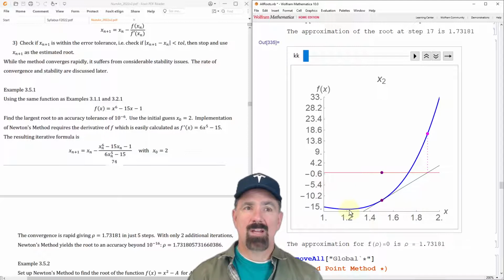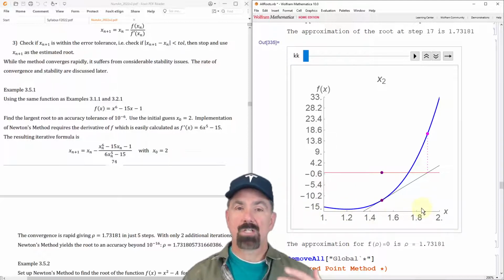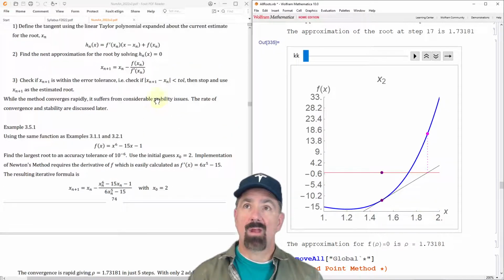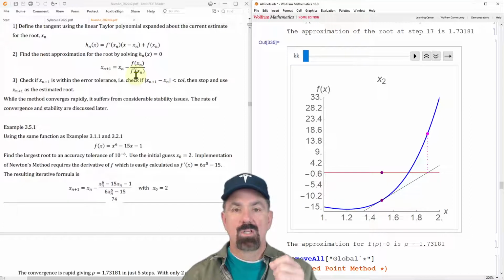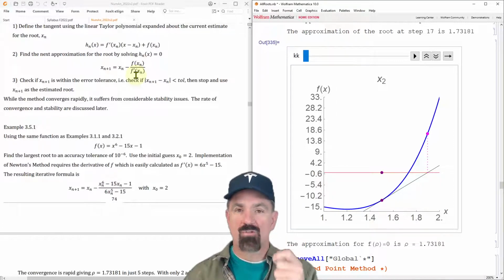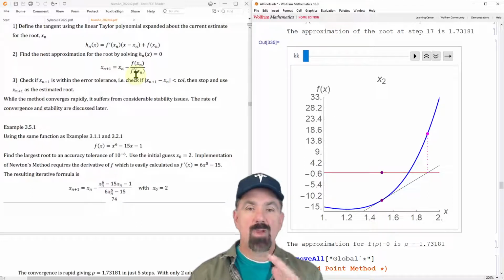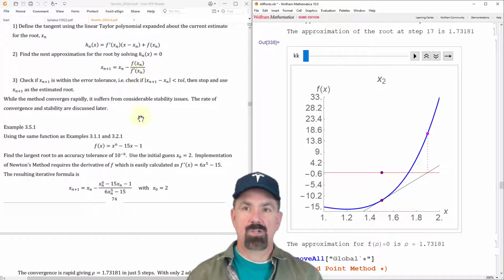We would be right here and the tangent line would be nearly horizontal. We would have a slope value of almost 0. And what are we doing with that slope value? We're dividing by it. So we would be dividing by a number that's almost zero, and that is always trouble. So Newton's method does suffer from stability issues just like the secant.